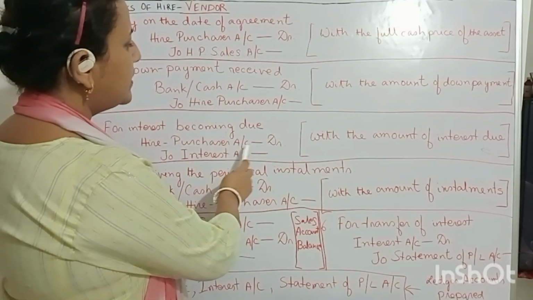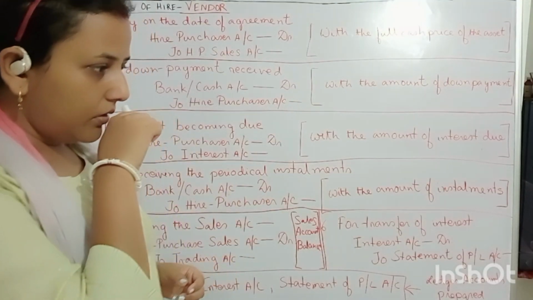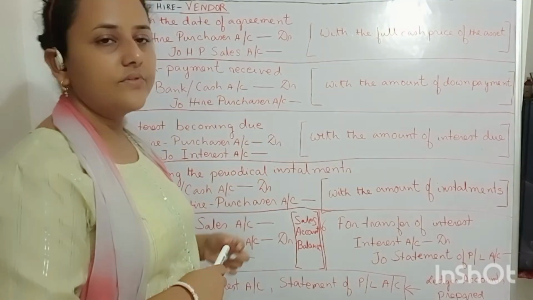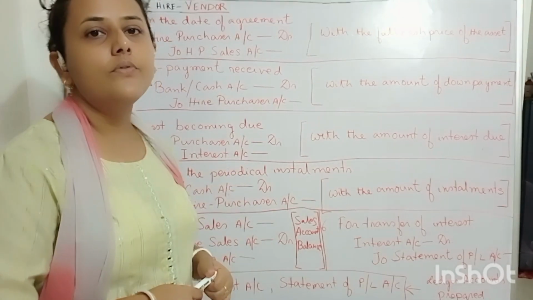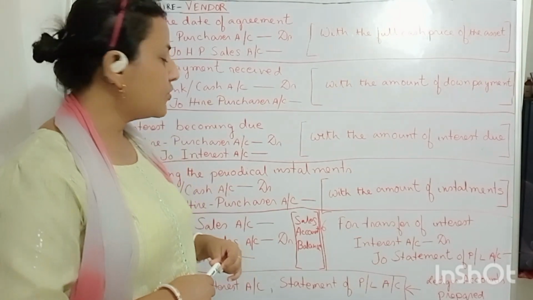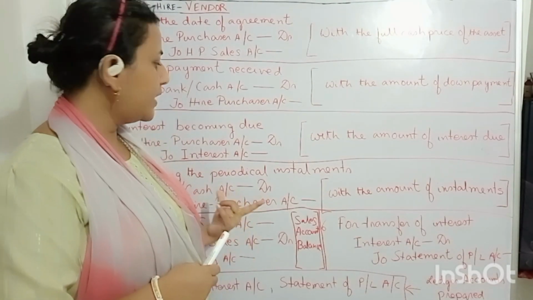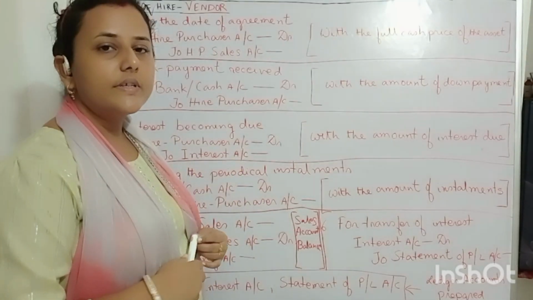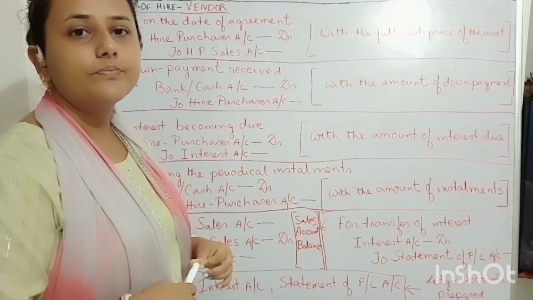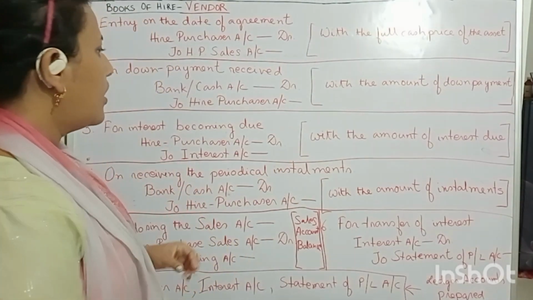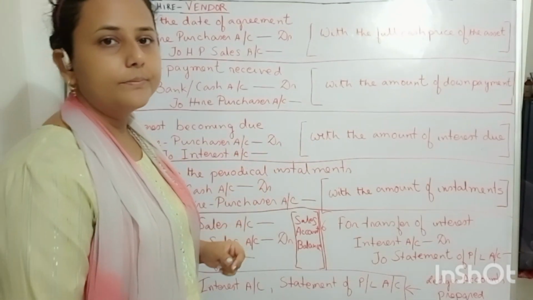Asset increases, so it should be debited. Interest account becomes a revenue for the hire vendor, so it should be credited with the amount of interest due for the whole year.